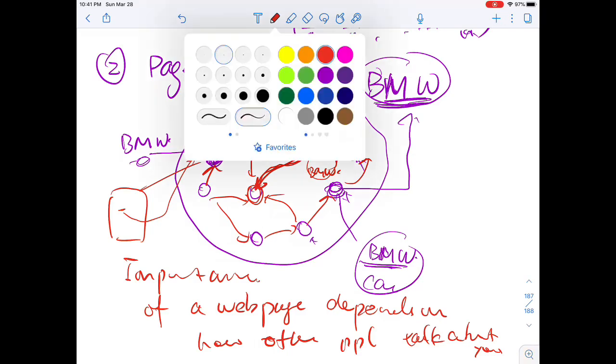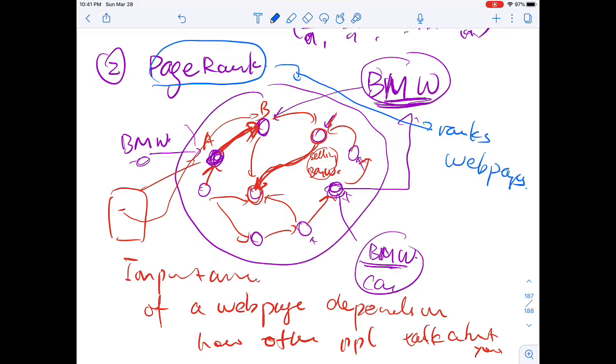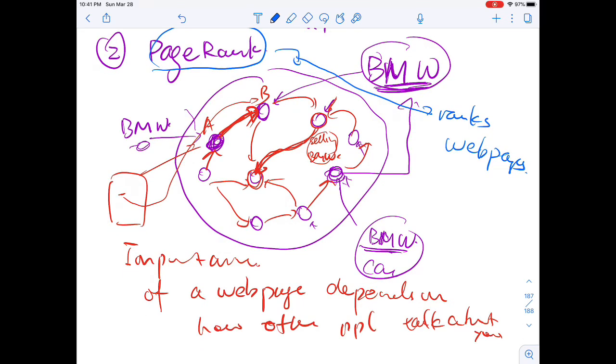So Google's PageRank idea is really just one of the first ideas that ranks the web pages. The way it does this is to perform a random walk on this graph. And then I come up with a stationary distribution for each node, right?